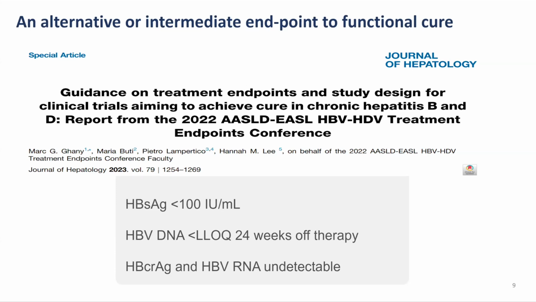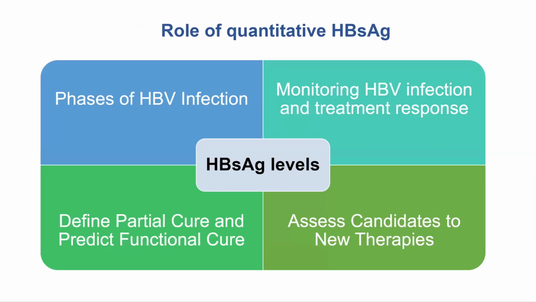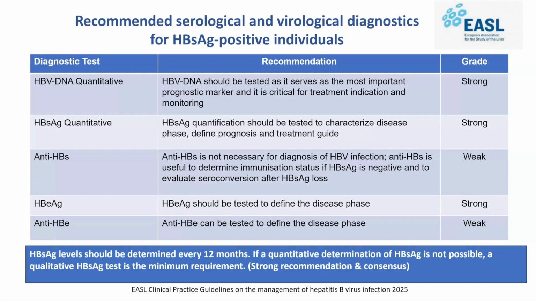With the current drugs and during the natural history, EASL guidelines recommend monitoring HBsAg. It should be tested to characterize disease phase, define prognosis, and guide treatment, as Professor Lim has shown, and the grade of this recommendation is strong.